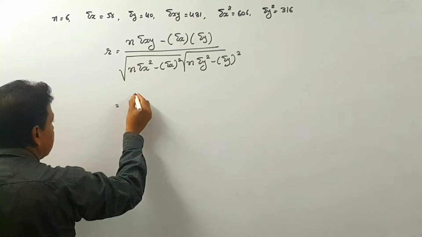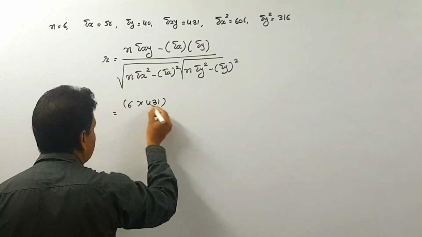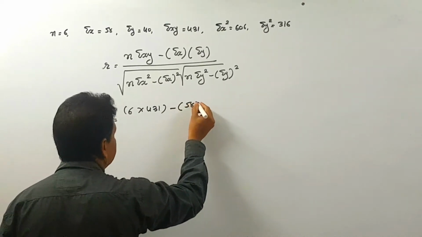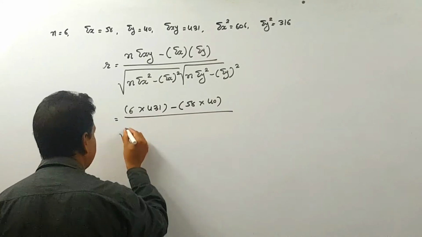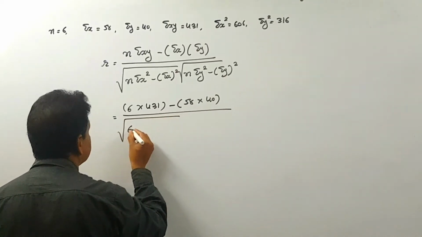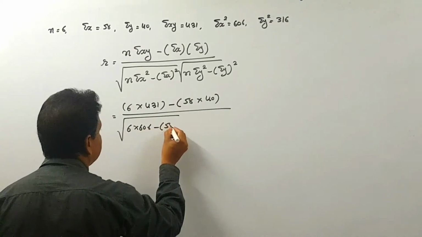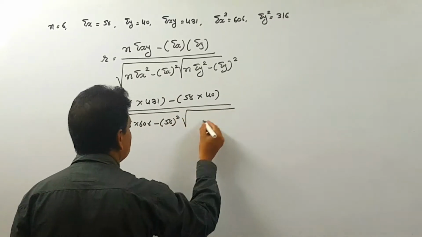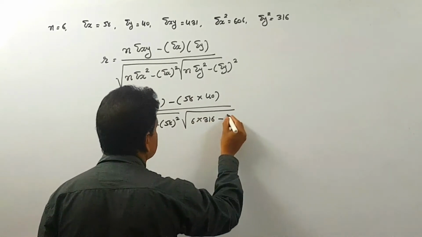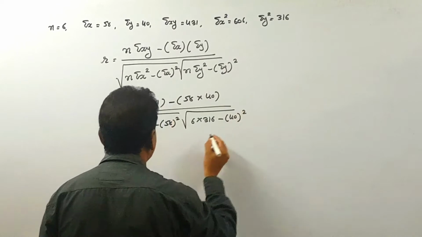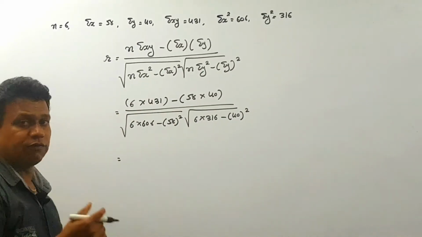So n is 6, sum of xy is 431 minus sum of x 58 into sum of y 40, divided by root of n is 6, sum of x square 606 minus sum of x 58 whole square, into root of n is 6, sum of y square 316 minus sum of y 40 whole square. Now we have to use our calculator.